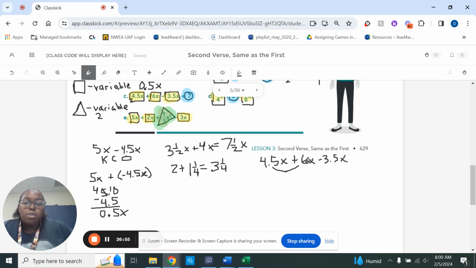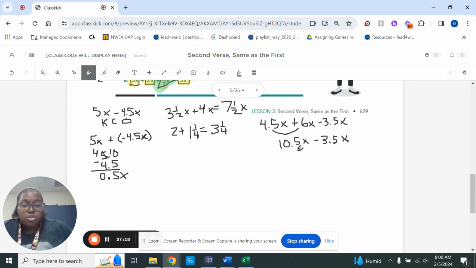Okay, so for this one, we're simply adding. Remember, when you're adding with a decimal, you have to line them up by place value. So that means the 6 is going to be over the 4. So that gives me 10.5 because this one doesn't have a decimal point, so the decimal place is not changing. Minus 3.5x. Remember, since I have subtraction, I do KCO. So that gives me 10.5x plus negative 3.5.